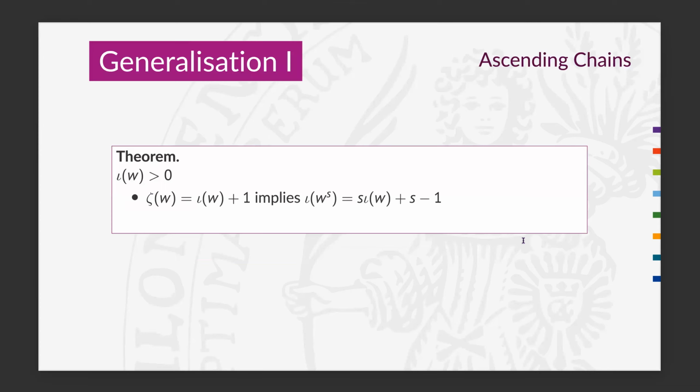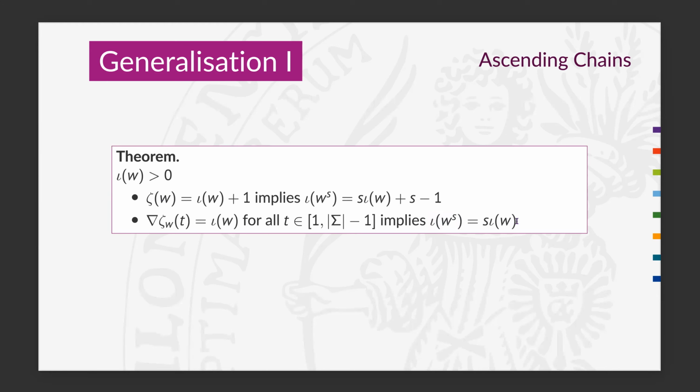So what can we say? If the circular universality is the universality plus 1, then I always get an additional arch. And if the gross of the circular universality is iota, then iota of w to the s is s.